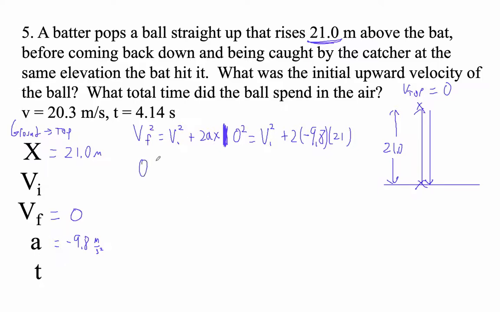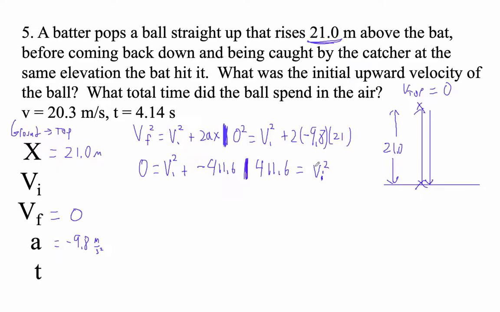So now we've got 0 equals vi squared plus, and then 2 times negative 9.8 times 21 is negative 411.6, right? The first thing we're going to do when we want to solve for vi is add that to both sides, right? So that becomes 411.6 equals vi squared, right? So now we can solve.